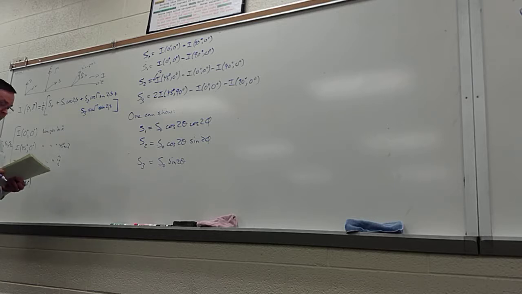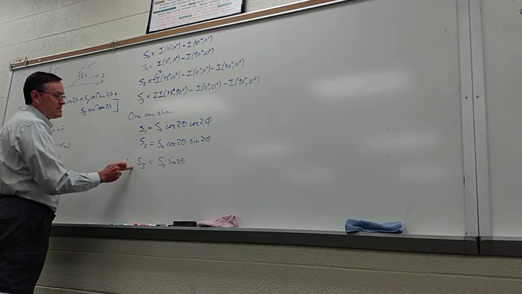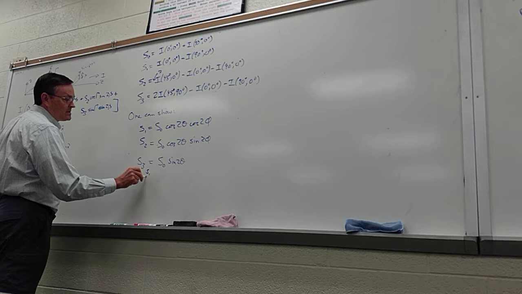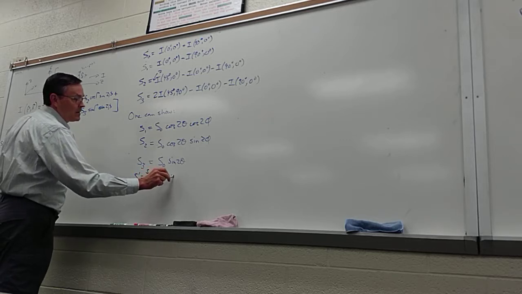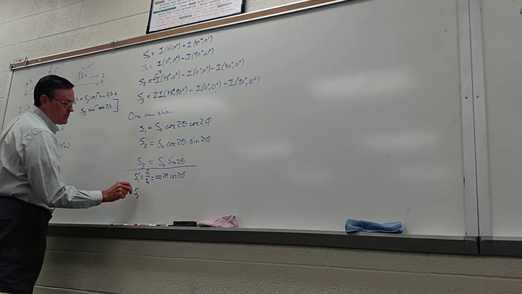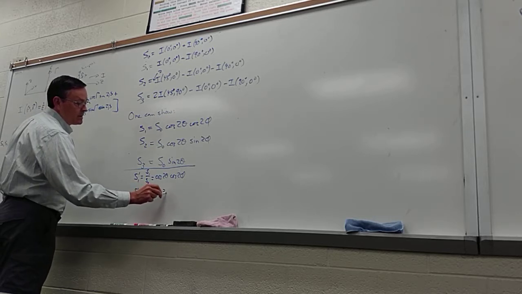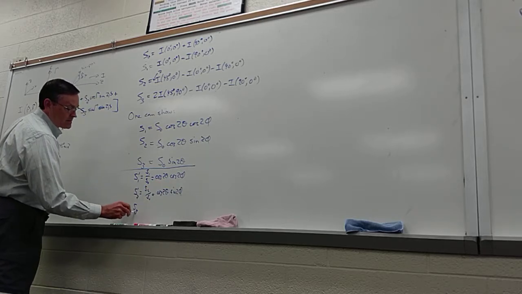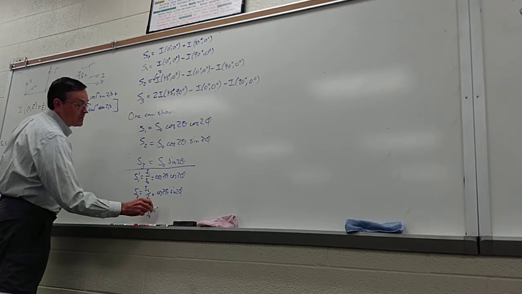And notice that we could just normalize these by S0. So if I said, let's say S1 prime is S1 over S0, then that's cosine 2 theta, cosine 2 phi. S2 prime, S2 over S0, so we have cosine 2 theta, sine 2 phi. And S3 prime is S3 over S0, which is just sine of 2 theta.